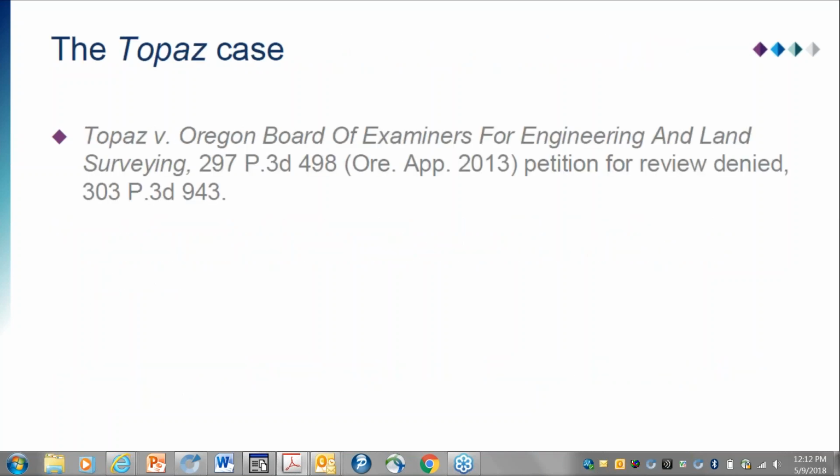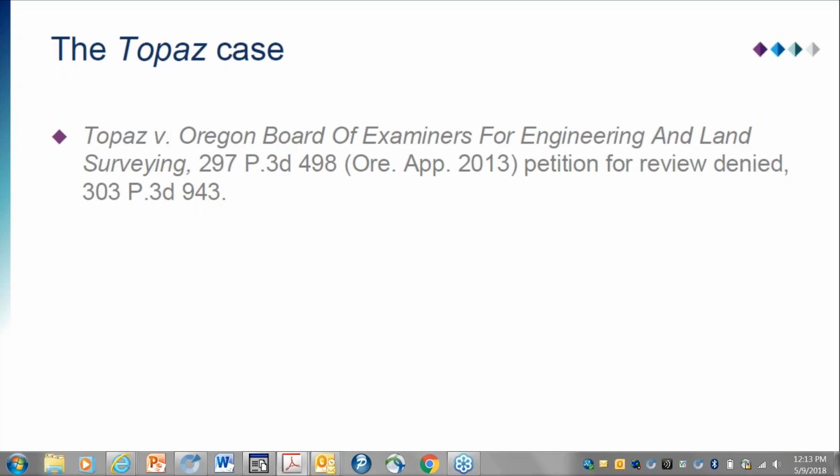So that brings us to this Topaz case, which is an amazing case. You know, if you look at what I've got there, Topaz versus Oregon Board of Examiners for Engineering and Land Surveying, and did a Google search on that, you'll come up with the opinion, and it's a pretty interesting thing.